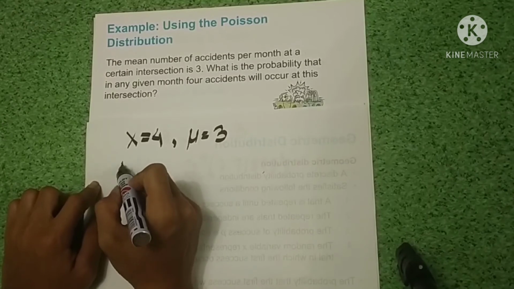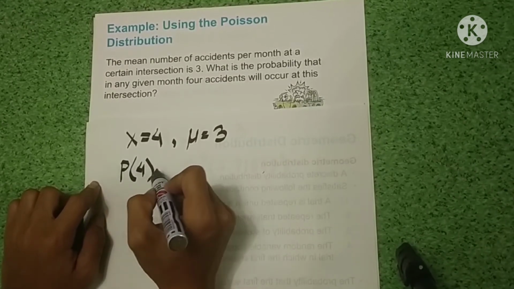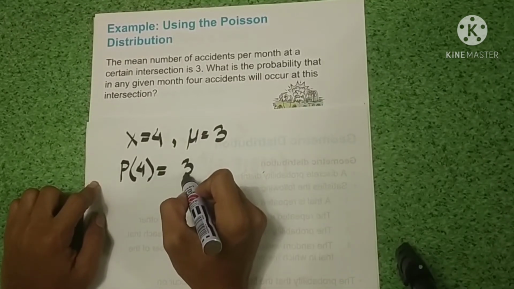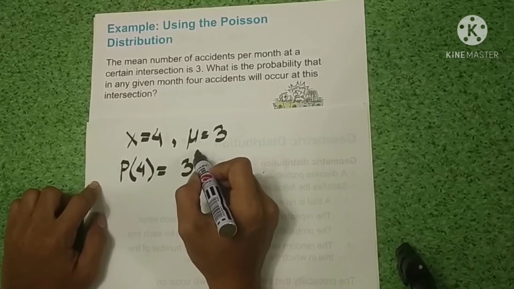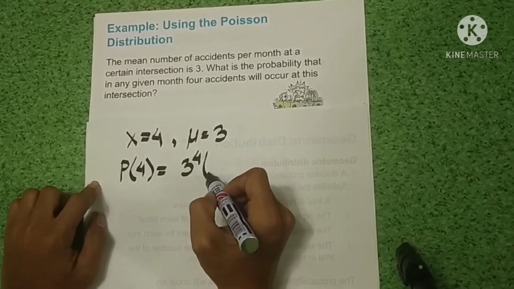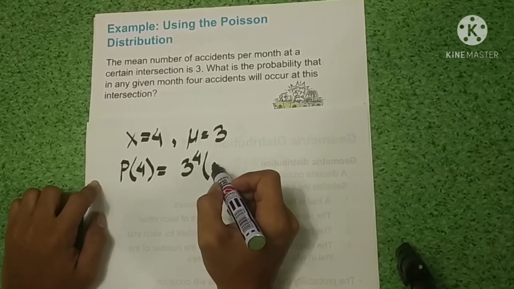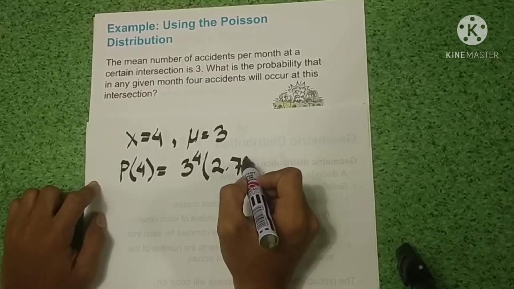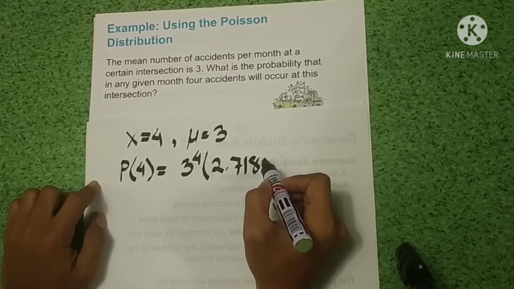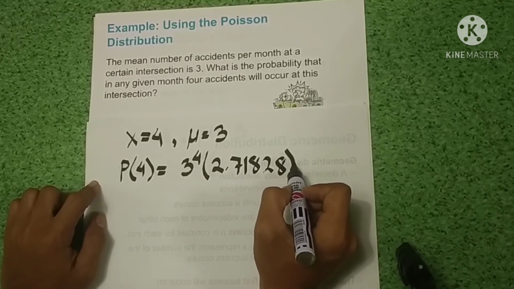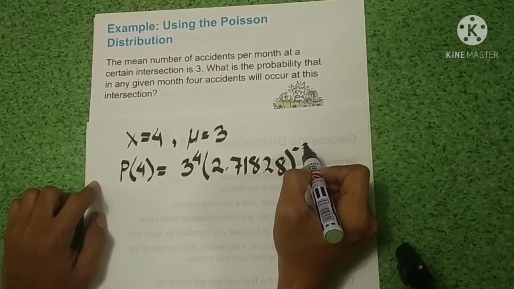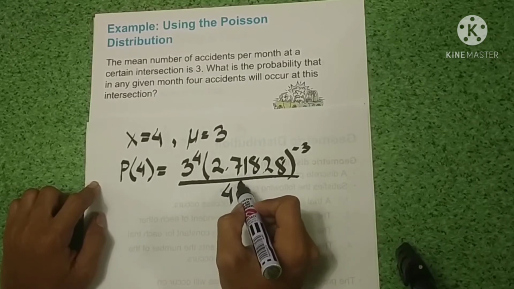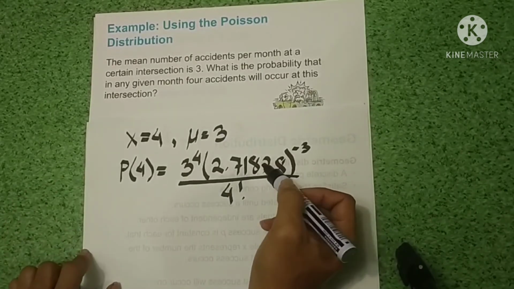So, P of 4 is equal to mu, which is 3, raised to the power of x, which is 4, multiplied by e, whose value is 2.71828, raised to the power of negative 3, over 4 factorial.